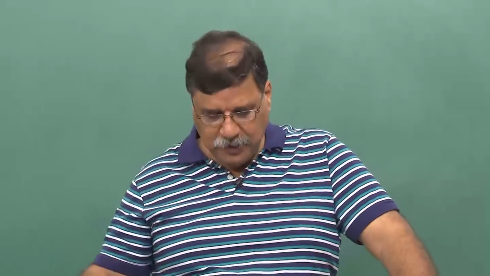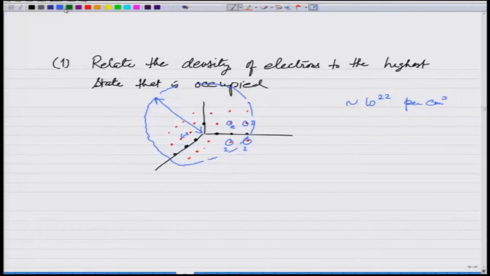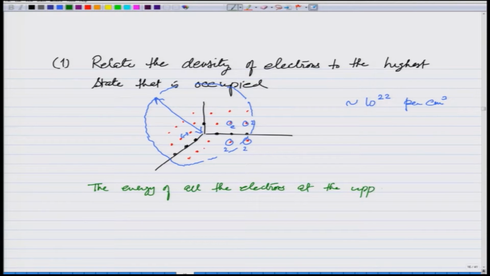Now, why is it a sphere? Because the energy of all the electrons at the uppermost level must be the same for the ground state.